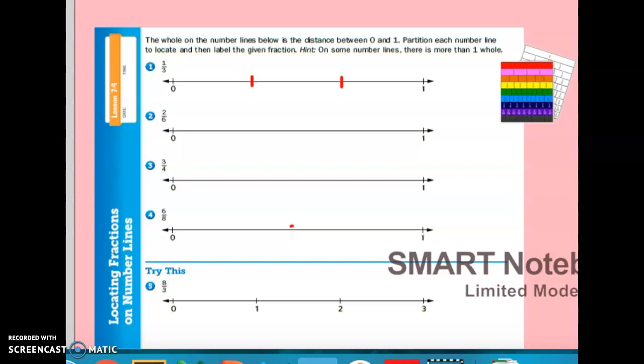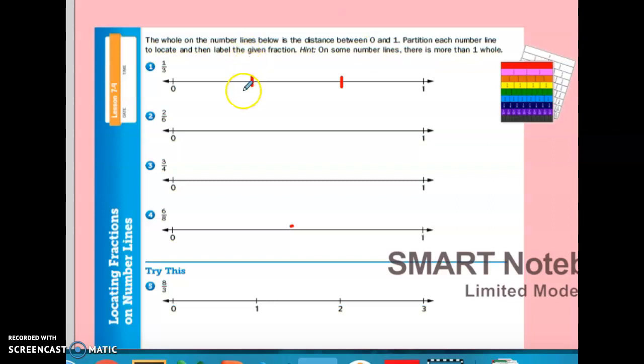Great! You should have needed to draw 2 tick marks, dividing your whole number line into 1, 2, 3 equal-sized pieces. Let's touch our papers and count by thirds. 0/3, 1/3, 2/3, 3/3. Now, label 1/3 on your number line.